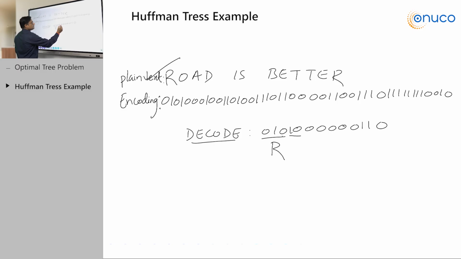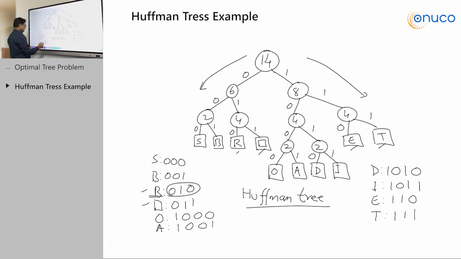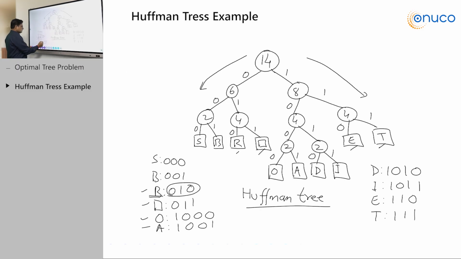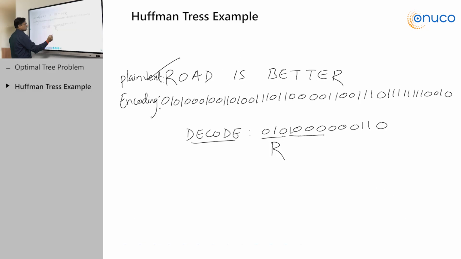What is after that 0? Again 0, so these 2 fail. Now we have only two options. After 1 0 0, what bit do we have? Again we have 1. So 1 0 0 0 is O. We take this O as the final answer. So we write here RO.